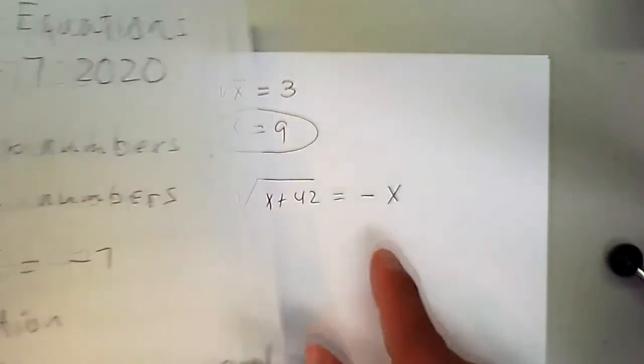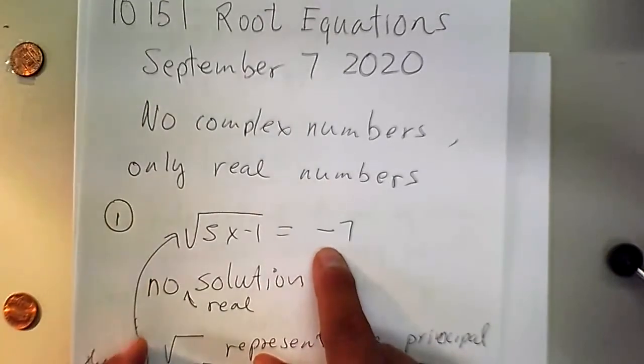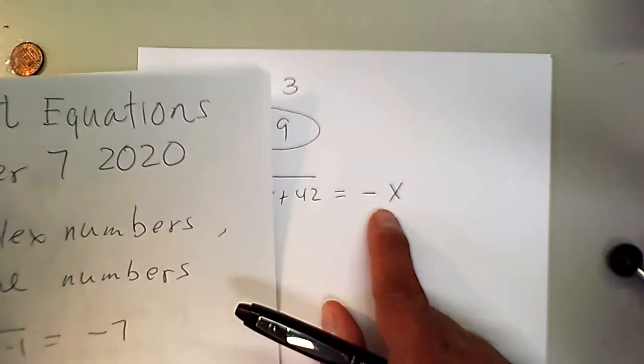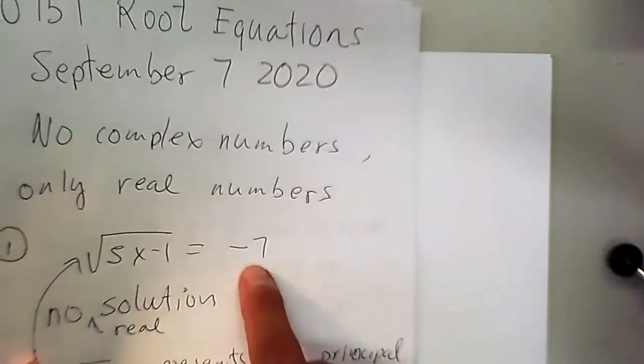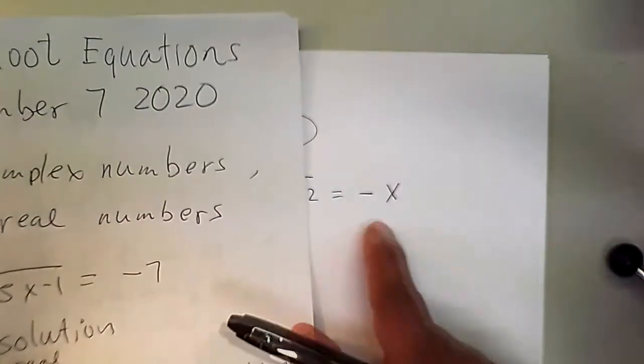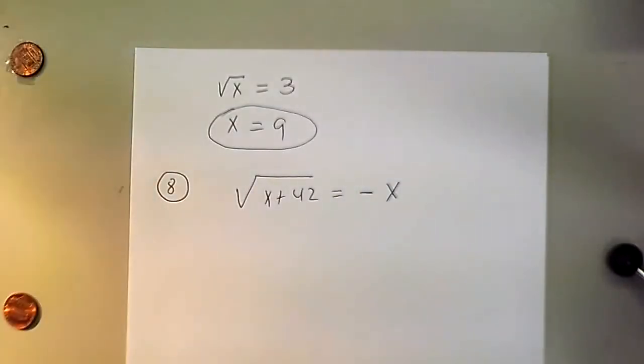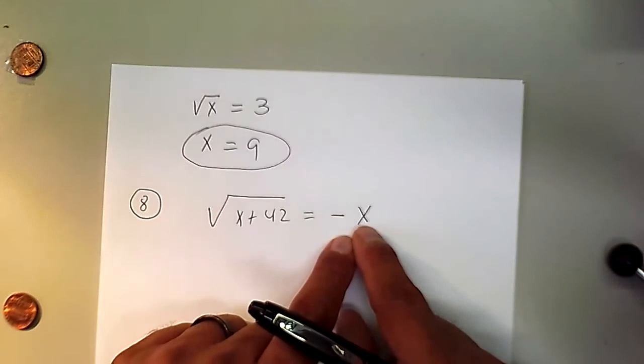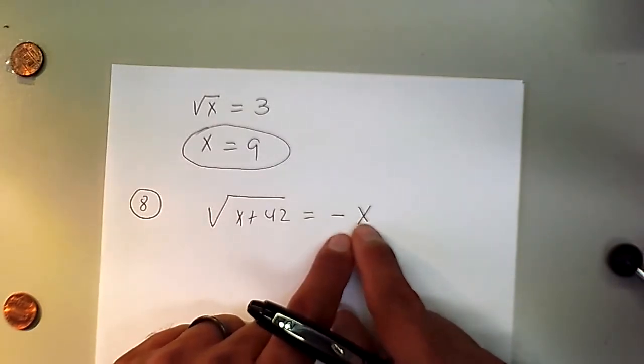Be careful. Negative 7 does not mean the same kind of thing as negative x. You're thinking, well, why not? And I can tell you why. If x was a negative number itself, the negative of that would be positive.